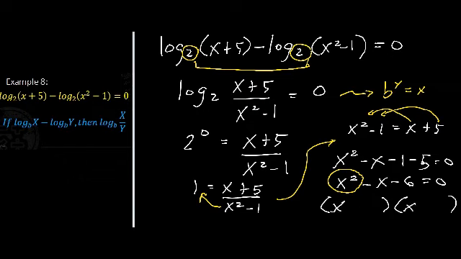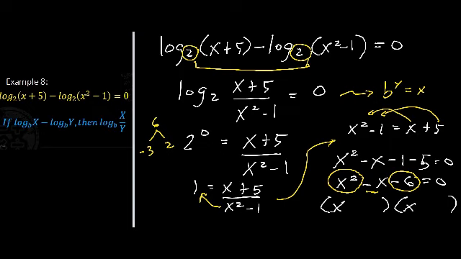Then, pupunta tayo sa third term. So, iisip tayo ng factors ni negative 6 na kapag minultiply natin, negative 6 yung answer. Pero pag inadd natin, ang sagot ay negative 1, which is the middle term. So, ang factor natin ng 6 na pwede ay negative 3 and 2. Kasi pag inadd ko yung negative 3 and 2, ang sagot dyan ay negative 1.